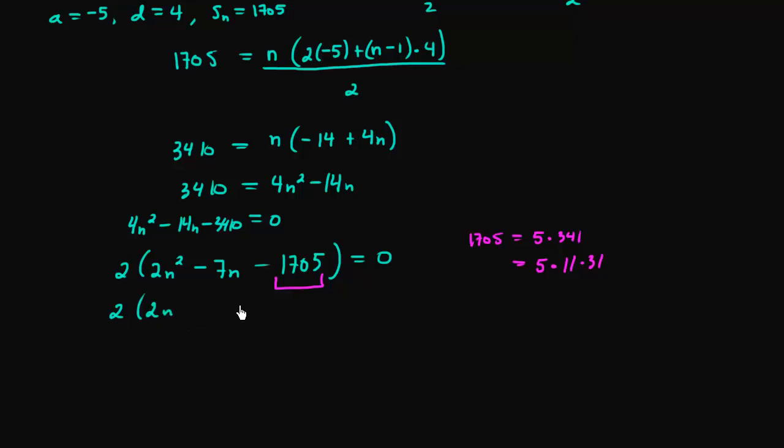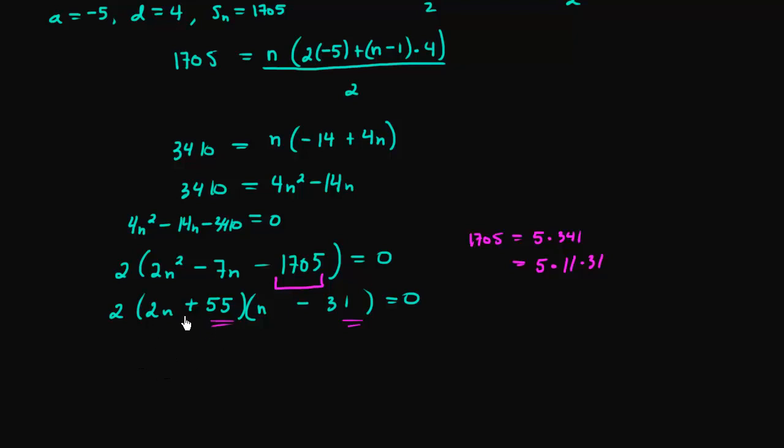So we could write this as 2n and n, and we know that these two values have to multiply to negative 1705. So one of them has to be positive and one has to be negative. Let's try positive 55 and negative 31.